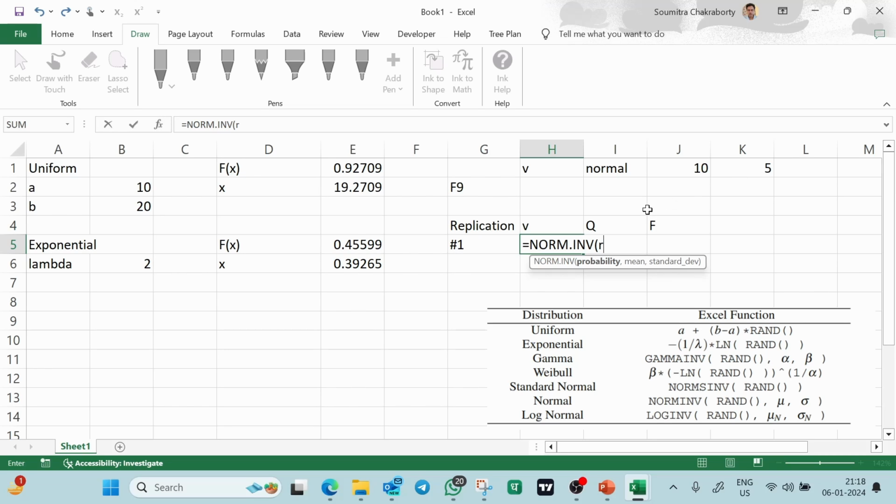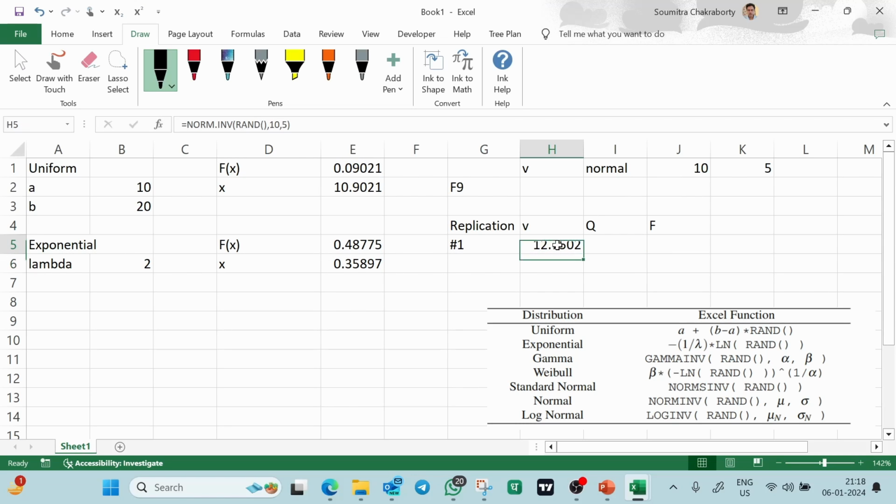So what is the probability? Random number, then mu 10, 5, right? This is your v value. So when you are calculating it for v, please understand this same random number will not apply for q. Q will have its own random number, f will have its own random number.